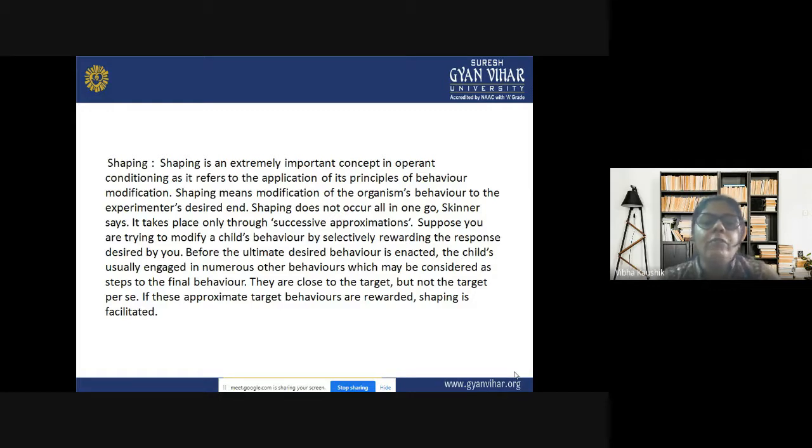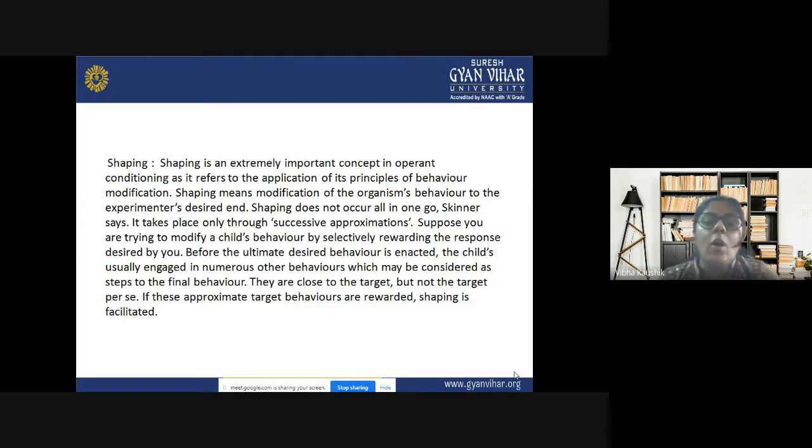Shaping means modification of the organism's behavior, bringing change in the behavior of the organism to the experimenter's desired end, as the experimenter wants. In this case, Skinner wants that when the rat is hungry, he has to manipulate the lever to get the food, and this is the desired end that the experimenter wants.